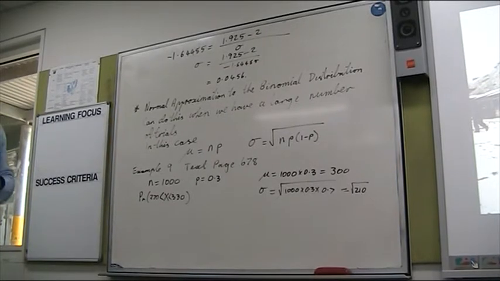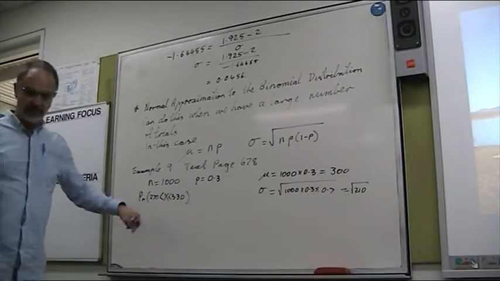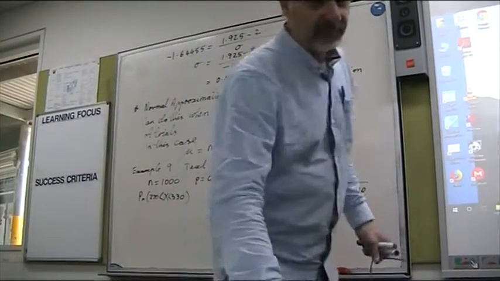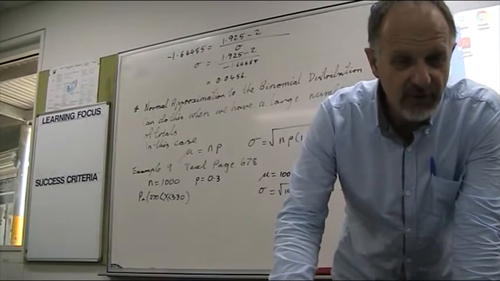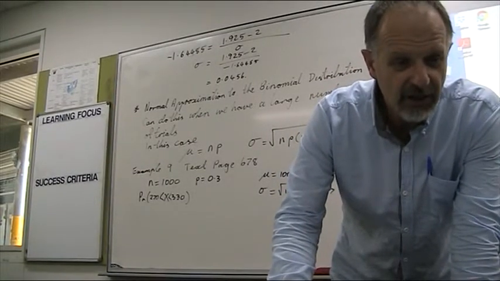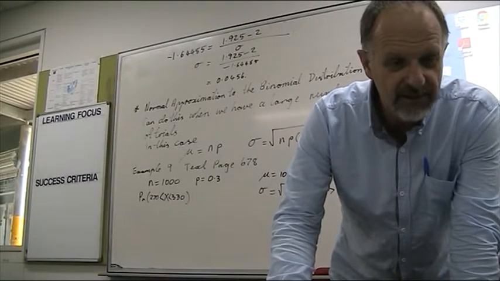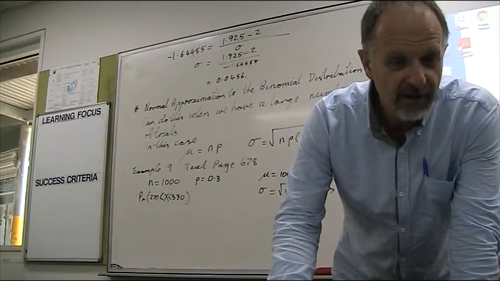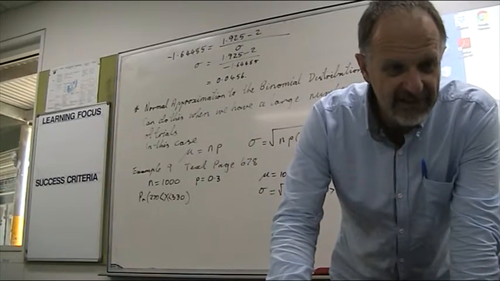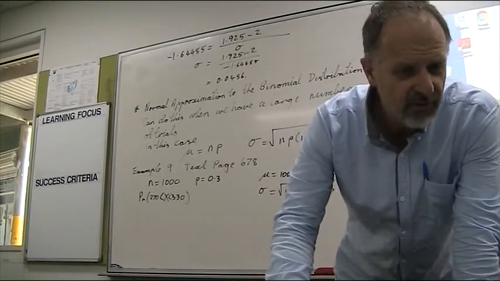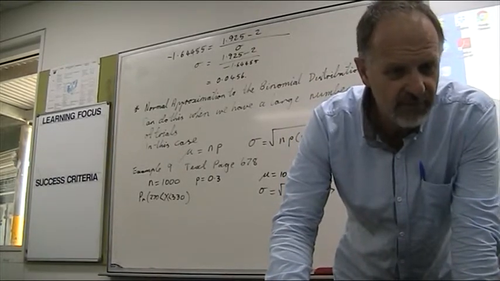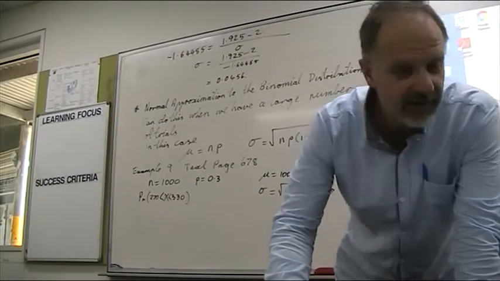All right, so to find this, we go to our calculator. We go to the normal CD. We go next. Our lower limit is 270, our upper is 330.